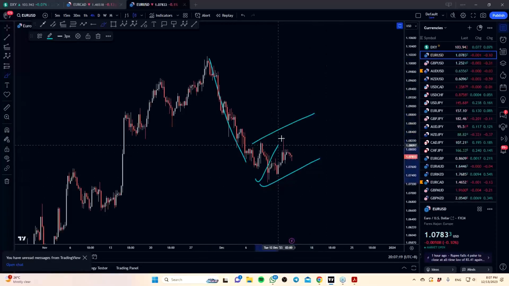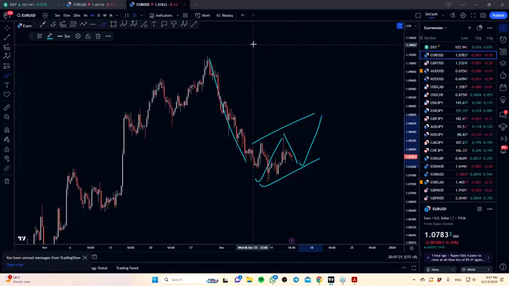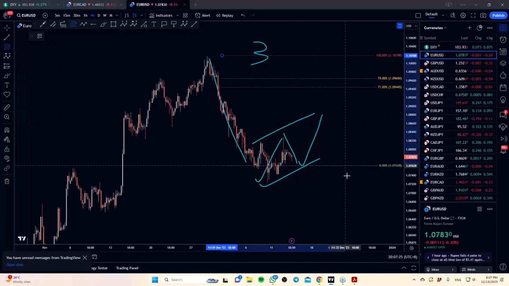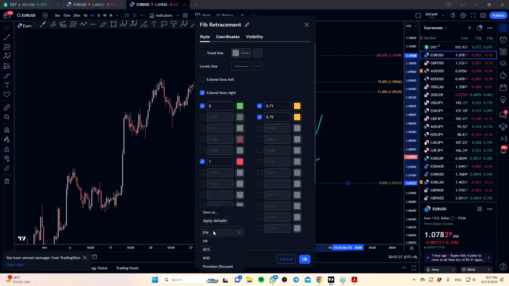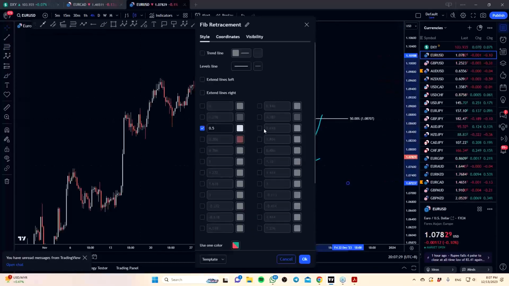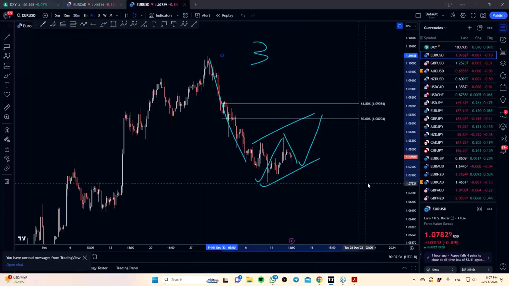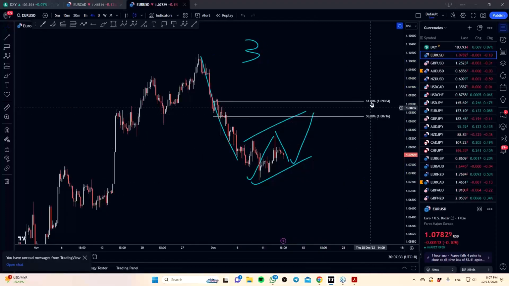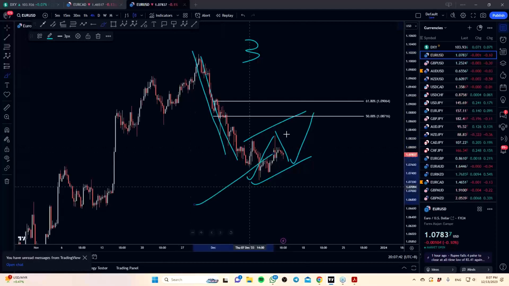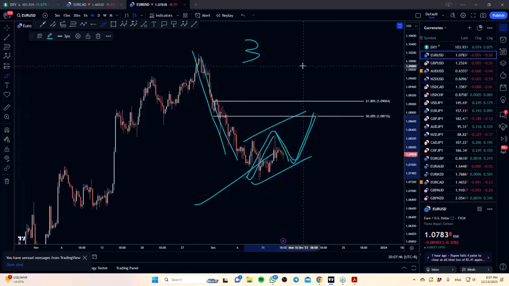So our expectation, if this does a 3 wave move, again the principle of 3, and we do a lot of fibs, if we pull fibs from swing high to swing low, the 50% and 618 will be the area of interest. So this is the context of 50 and 618, context of 3 wave, pattern, directional bias in terms of impulse correction, setup in terms of 1, 2, 3. You can see all those are coming together.